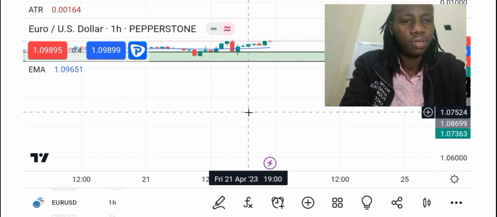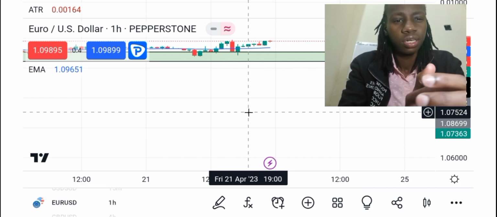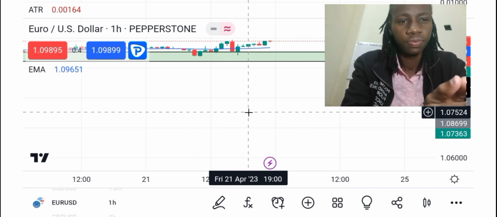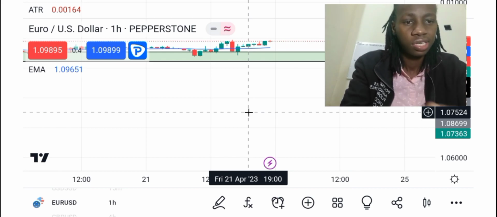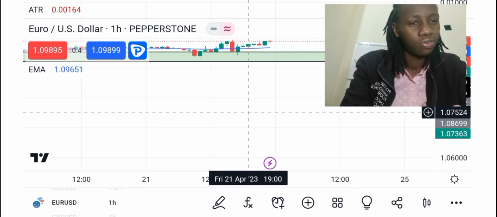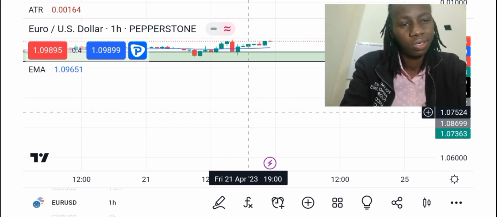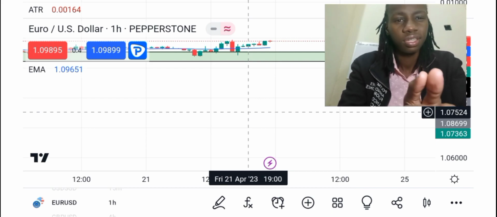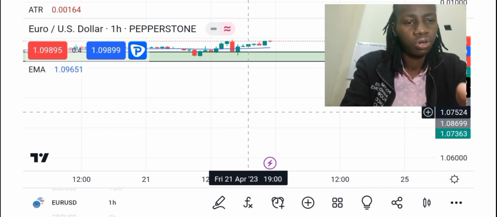So for a beginner, trade currency pairs that have an ATR of 20 and below, because it means they don't have as much volatility as some currency pairs like the gold. The gold has a very, very high volatility in the market, and for a beginner, you might find yourself blowing your account trading gold faster than someone who is trading Euro dollar.